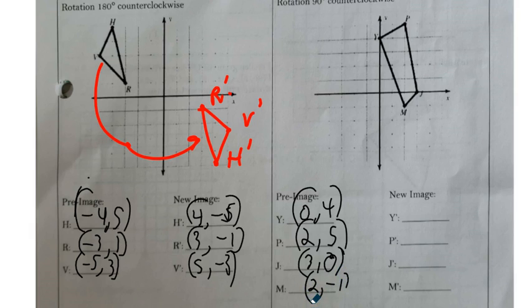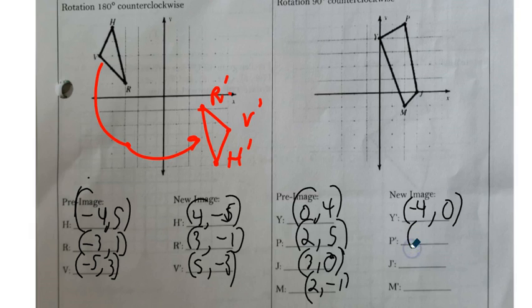Now, for a 90-degree rotation, it's also a very simple thing. You're not going to have to remember it. It's going to be on the cheat sheet. On a 90-degree rotation, X and Y are going to switch places. And when the Y moves, it's going to become opposite. So I'm going to put the 4 here, and just make it opposite, and the 0 moves.